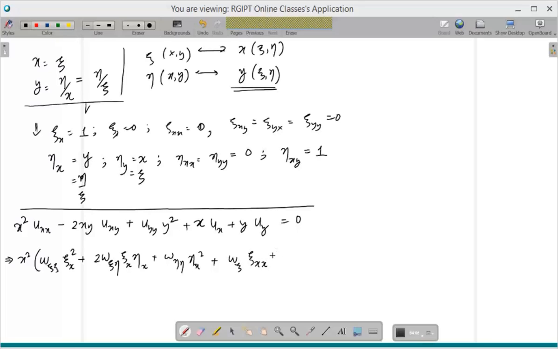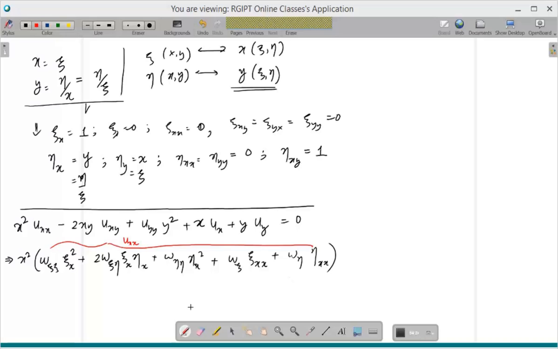I've given these forms earlier, please cross check. This entire thing is essentially uxx. After you do the transformation, uxx would look like this.